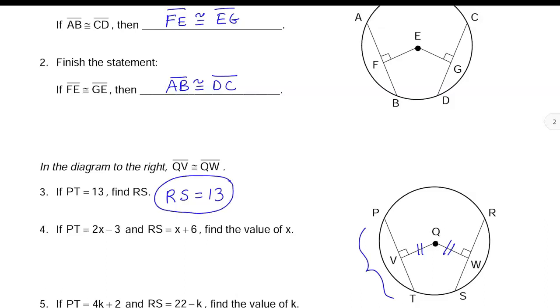Number 4, PT is 2x minus 3. RS is x plus 6. They are congruent because they're equidistant from the center. So I can set 2x minus 3 equal to x plus 6 because those chords are congruent.